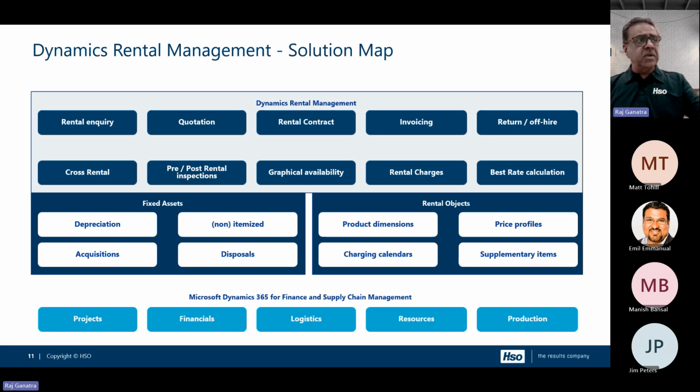You can view the rental object from an availability perspective, pricing perspective, and you can structure different attributes to enable better searches for that equipment through the sales process for rental.